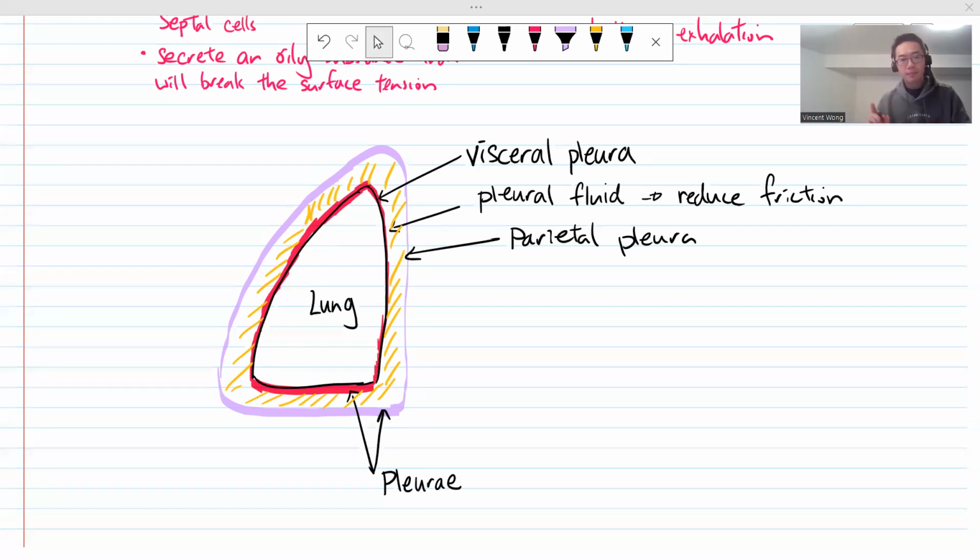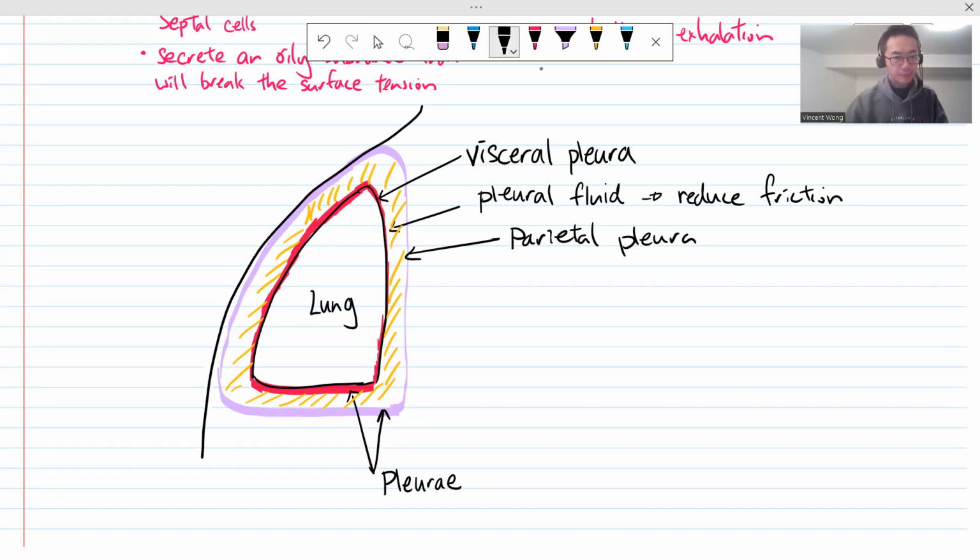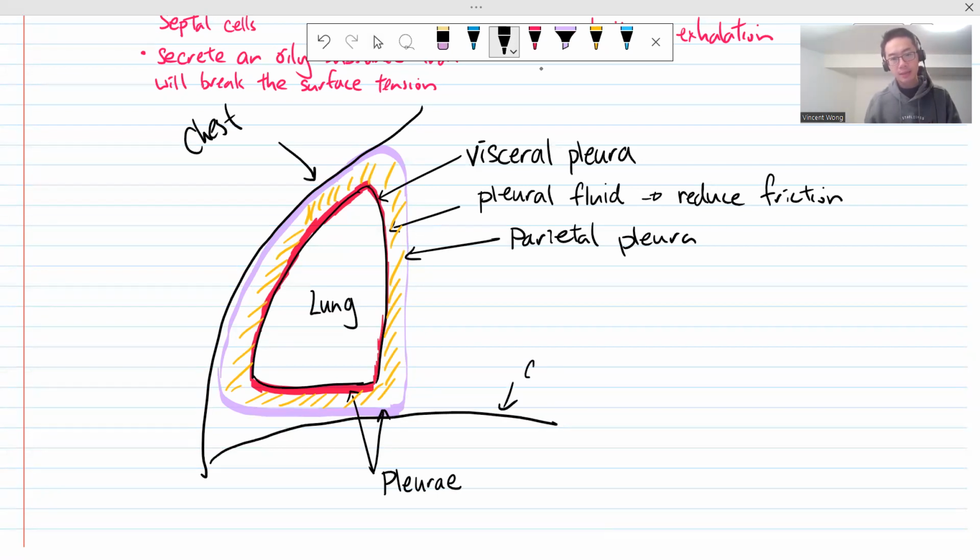Now there is some additional thing I want you to know here. It's a little bit hard for me to show you, but this here, this is your chest, right? And then down here, of course, as you know, that's the diaphragm.